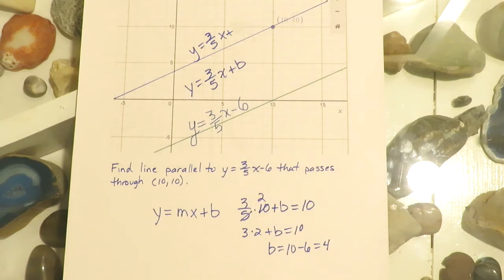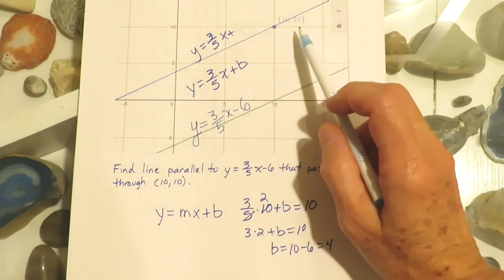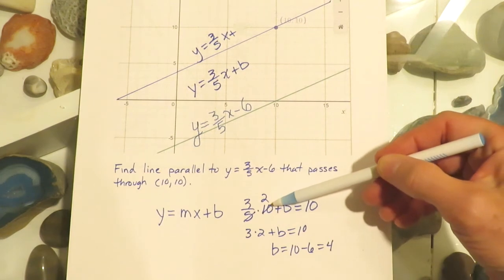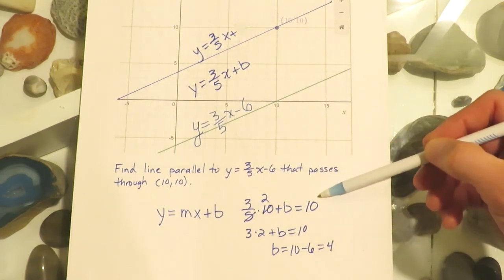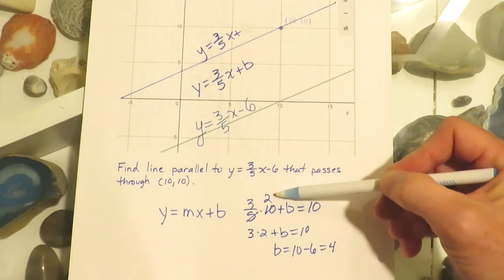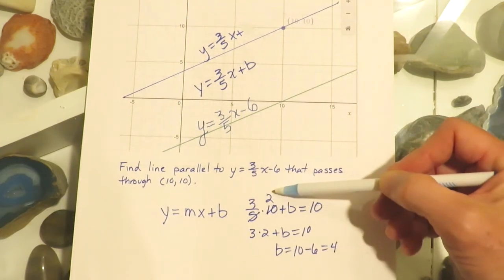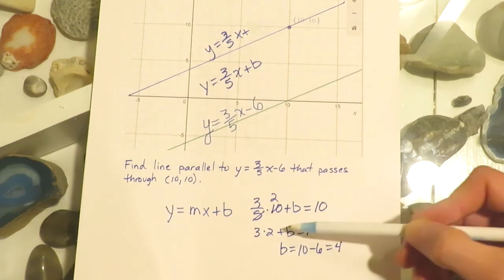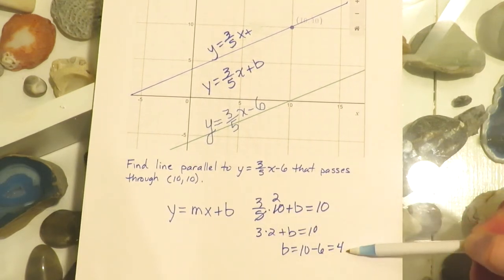So you're then going to fill in y equals 3/5 x plus b. And if we wanted our line to go through the point (10, 10), then I would plug 10 in for x and 10 in for y, and do the arithmetic. So 5 divides into 10, leaving me 2. 3 times 2 is 6. Solving for b, taking 10, subtracting 6, you get 4.